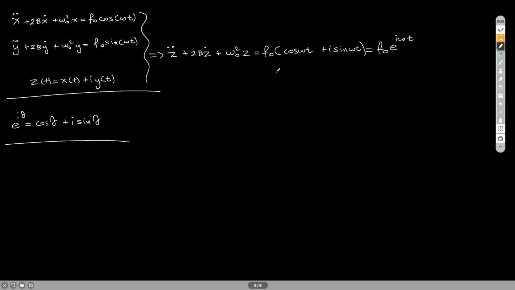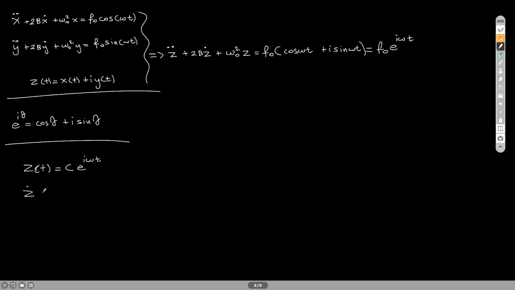Now, at this point, using z as an intermediate does make things a little bit more convenient, because it is easier now to guess a solution for this differential equation. And remember, if you guess a solution and you actually get it right, then you found the solution. So in this case, one reasonable guess would be a constant C times e to the i omega t.